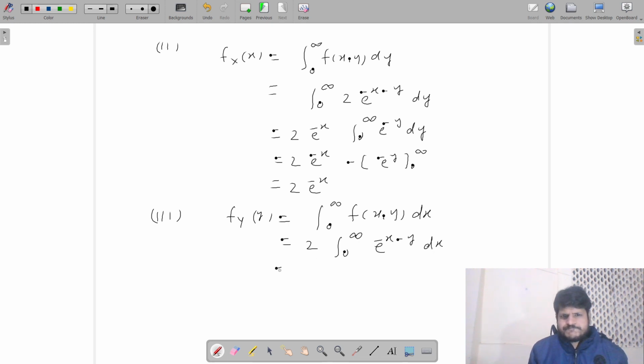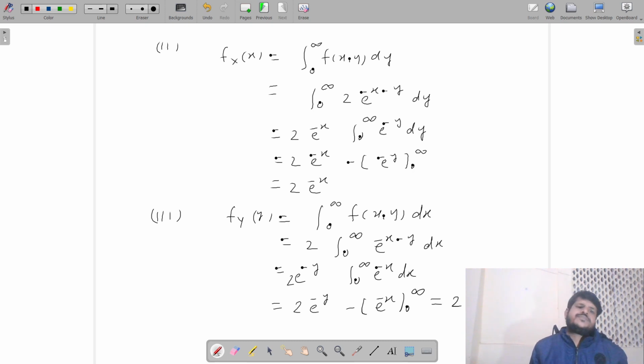So now you can write 2 e to power minus y, integration 0 to infinite e to power minus x dx. Similarly after solving, you can write 2 minus e raised to power minus x, limit 0 to infinite. It gives only 2 e to power minus y.